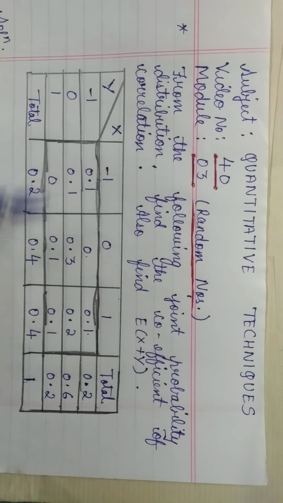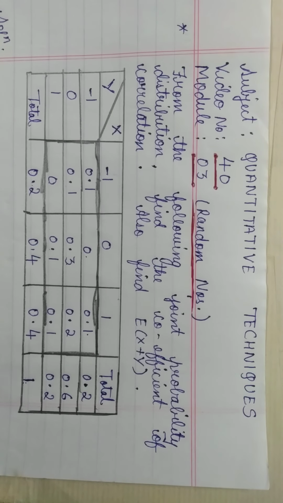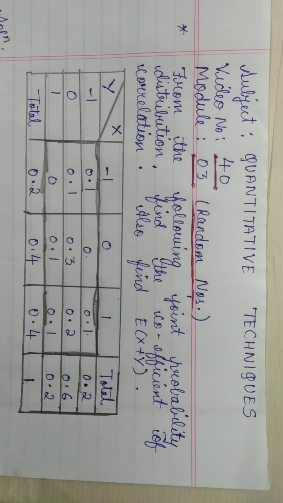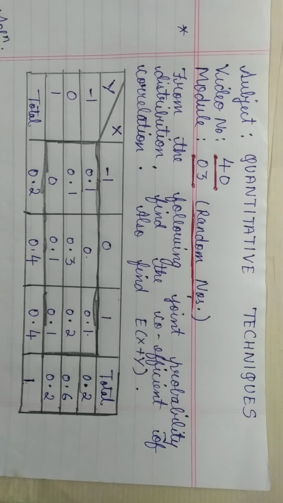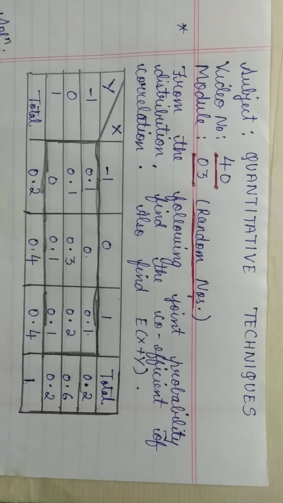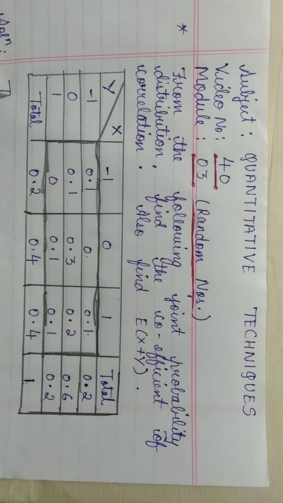So the first step: this is a joint probability table. Now you have to find the marginal probability distributions of x and y, that is, you have to split this into two different problems.